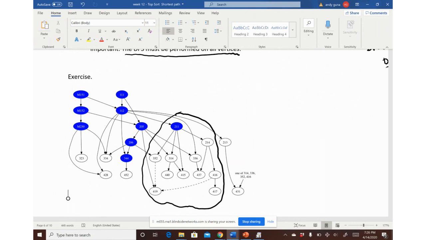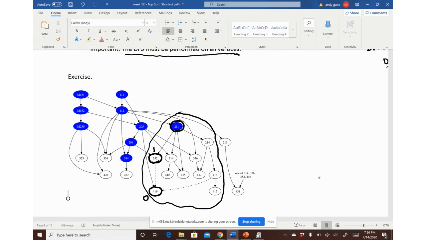All right, so let me start doing this while you guys are thinking. If I start from 211, I might go to 352. I'm doing DFS. We go to 419. So this will be labeled node number 0. Okay, I backtrack to 352 because there's no way to go. I'm going to label that as 1.